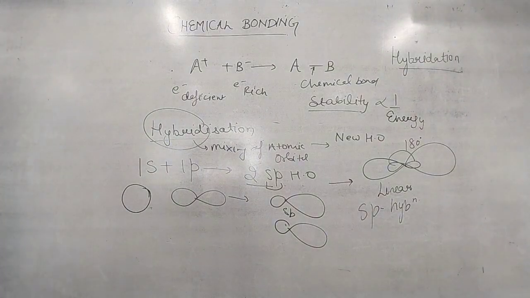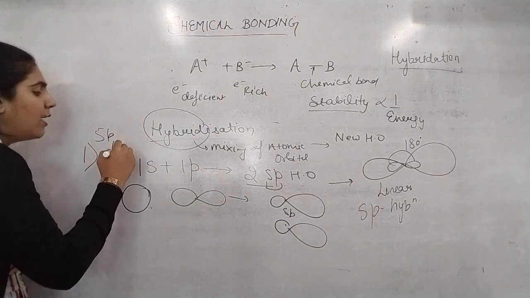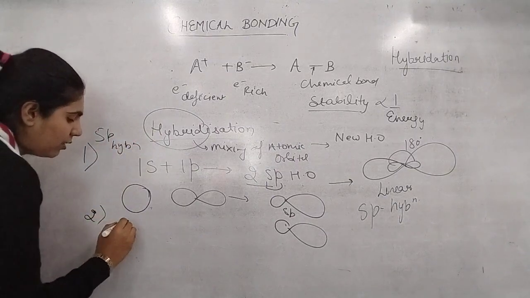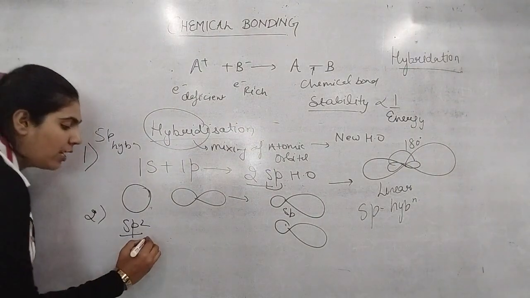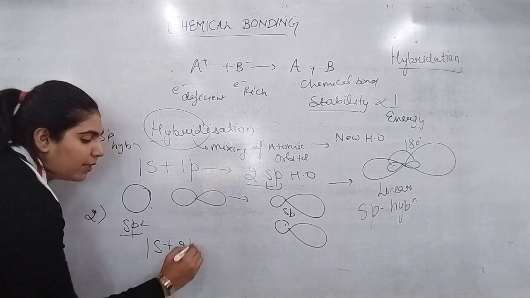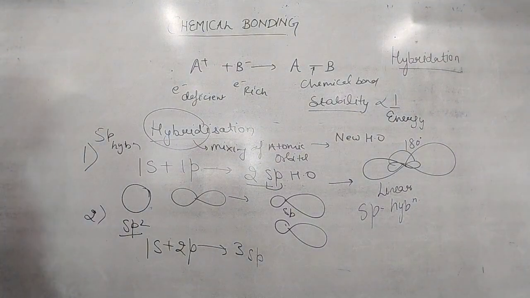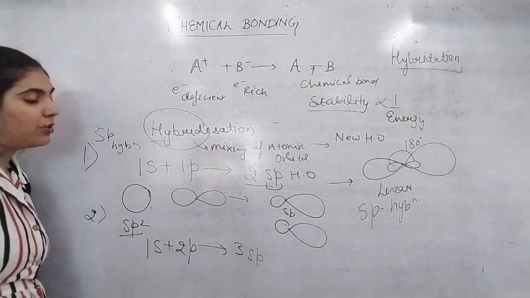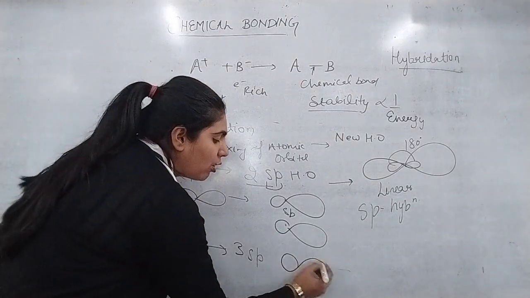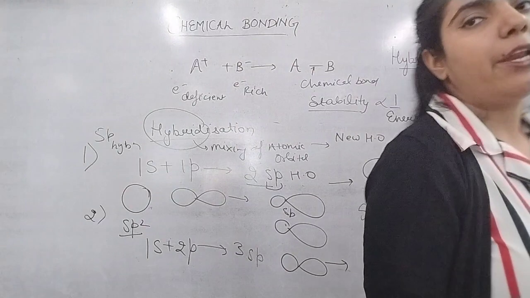Now let's see the sp2 hybridization. The first case was sp hybridization and another is sp2 hybridization. In sp2 hybridization, one s and two p orbitals combine to give three sp2 orbitals. So there are three sp2 orbitals combining, which lead to the formation of a new geometry, or shape.